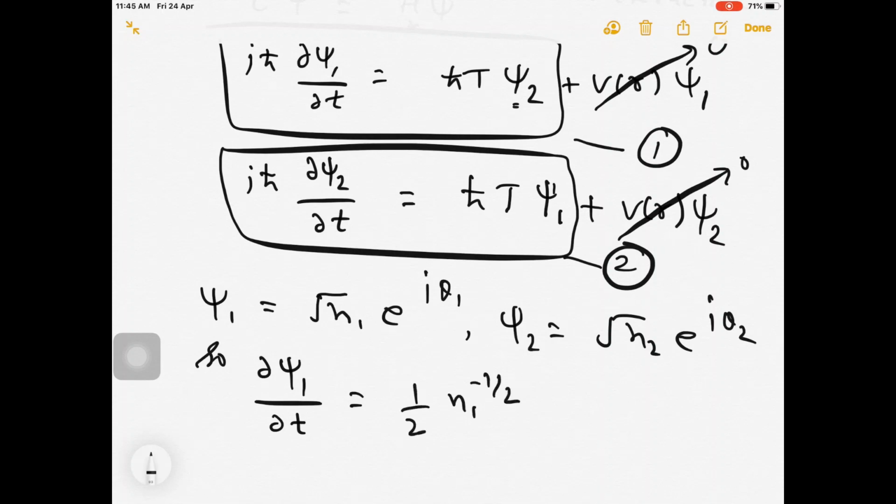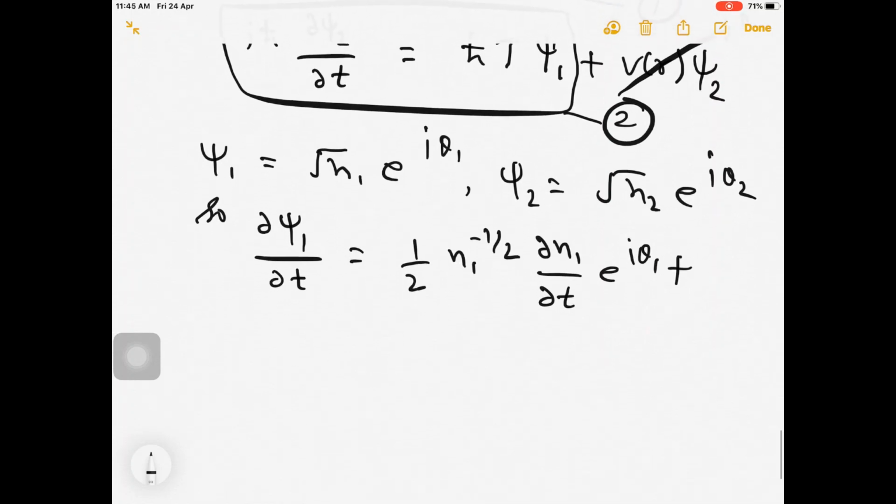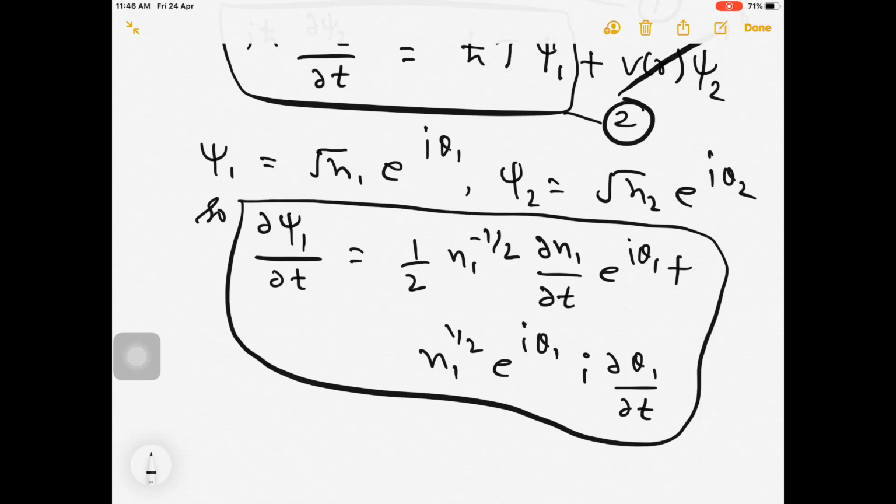First I am differentiating n1 with respect to time, and then I will differentiate theta 1 with respect to time. So this is equation number 3.